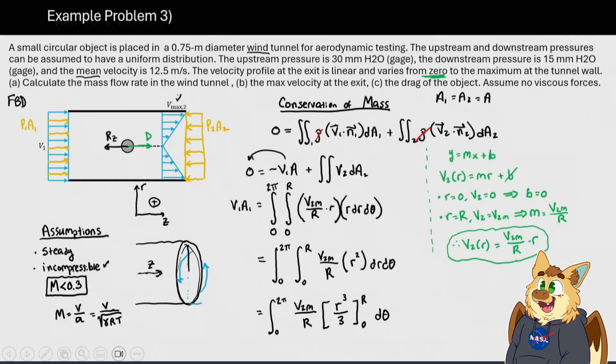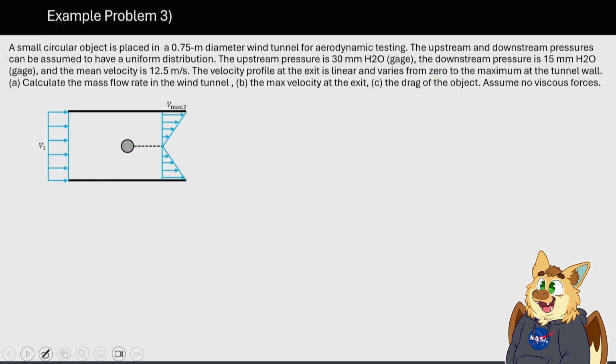I'm going to write the answer on the next slide, because we're running out of space here. Once you evaluate this, you'd be left with capital R cubed divided by R. We can take this R out of the bottom, and you're left with capital R squared on top divided by 3. So remember this is v1a1, we're solving the right-hand side of this equation.